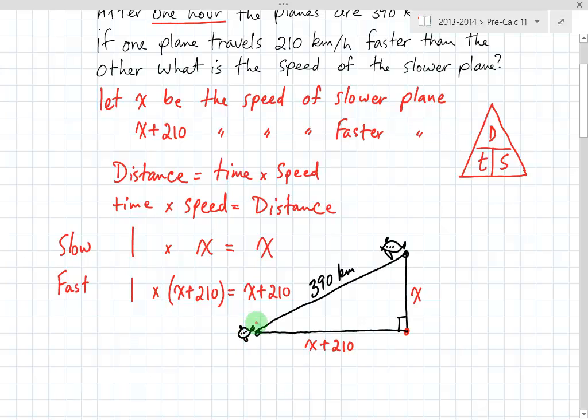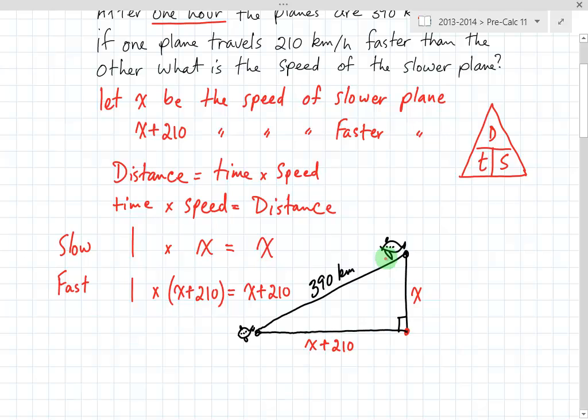The distance between the two planes at this 1 hour juncture is 390 kilometers. There is a relationship between these three sides because this is a right triangle.